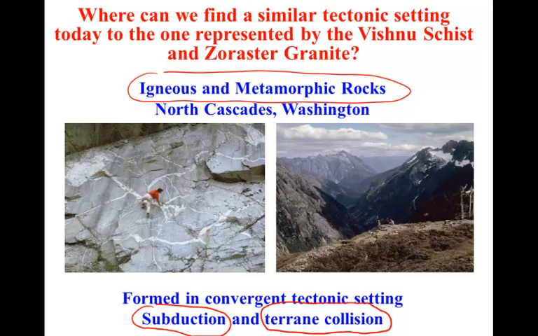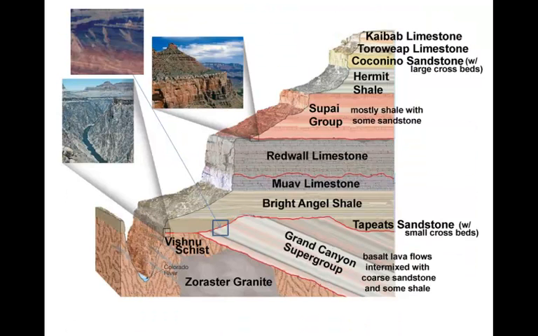So at the time the Vishnu schist and Zoraster granite were being formed, the tectonic setting of the Grand Canyon region was similar to that of the Cascades. This same tectonic setting, collisional plate boundary, also existed earlier in the Appalachians, where similar types of rocks can be found. What's the next rock unit to form here at the Grand Canyon?